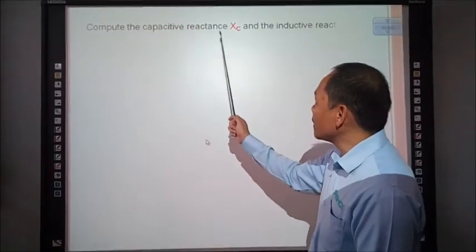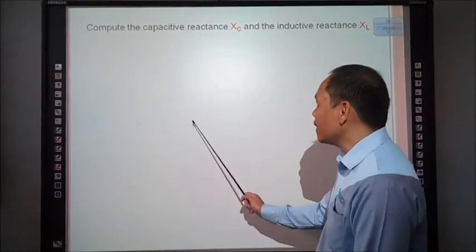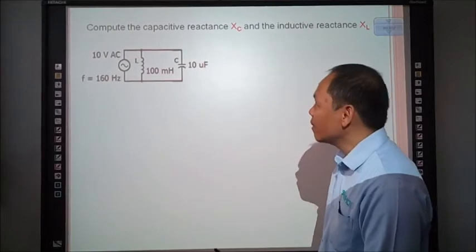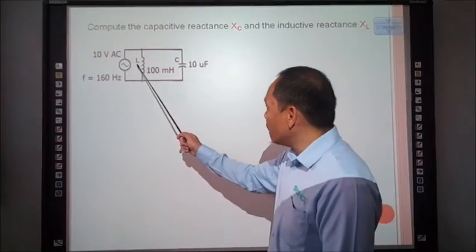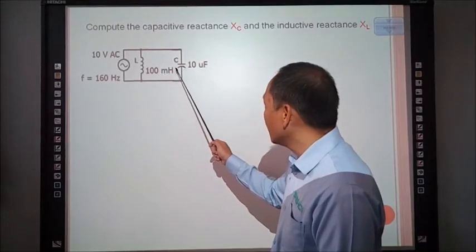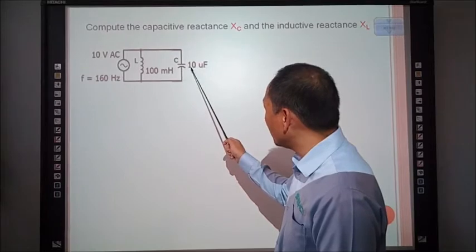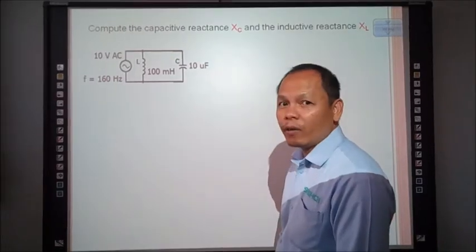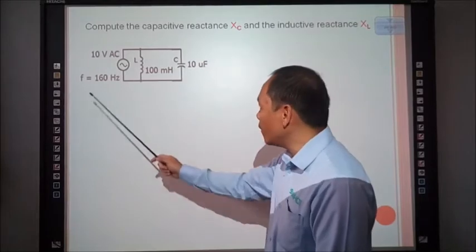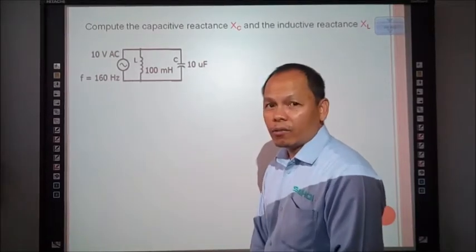Compute the capacitive reactance and the inductive reactance of the given parallel LC circuit. We have here an inductor with an inductance of 100 millihenry, and a capacitor with a capacitance of 10 microfarad, with a source voltage of 10 volts and a frequency of 160 Hertz.